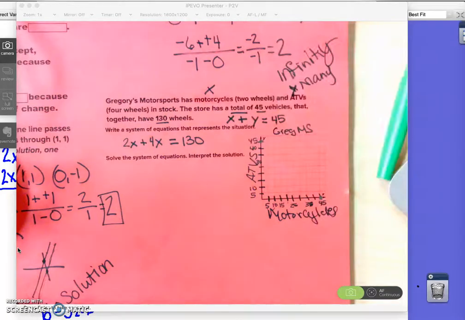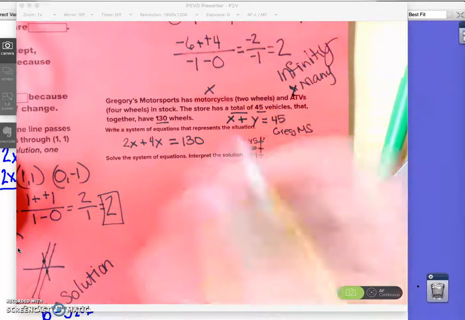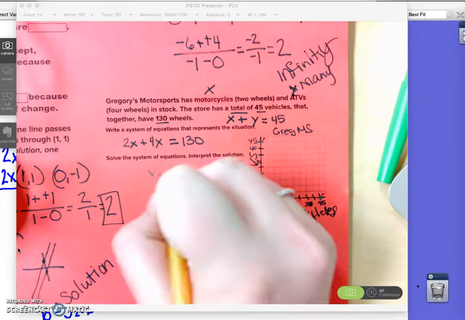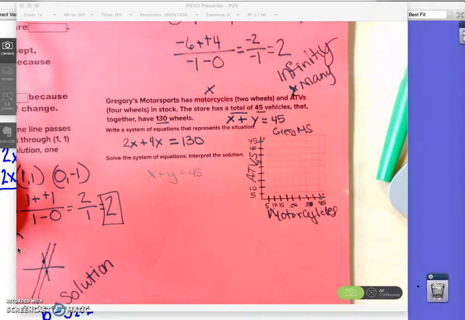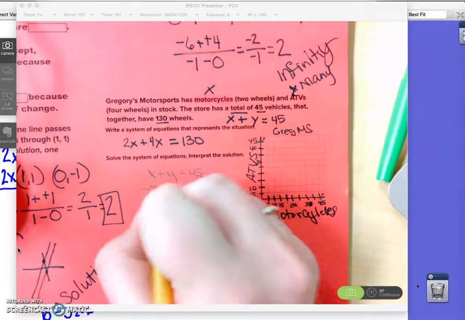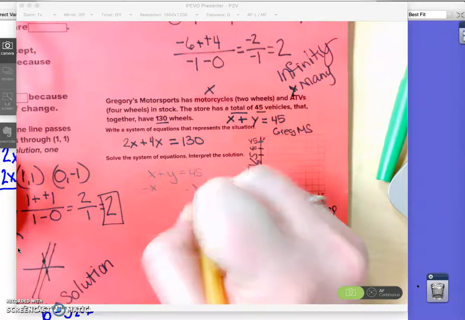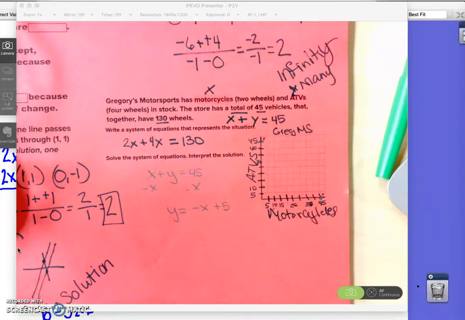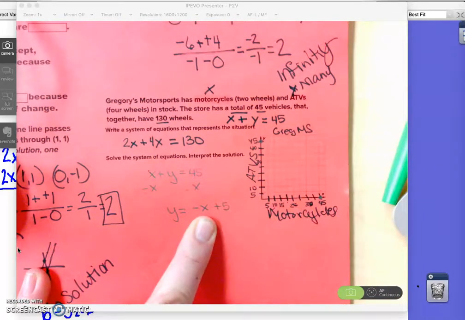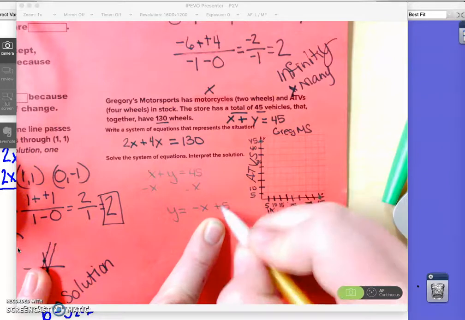There I can draw my line. But the way we've been solving a system of equations by graphing, we have been getting our equation in slope-intercept form. So I would want to subtract x, then I would have y equals negative x plus 45.